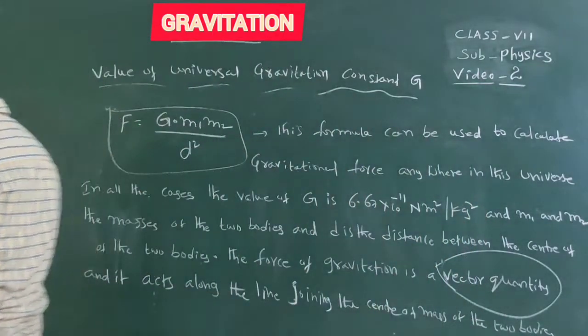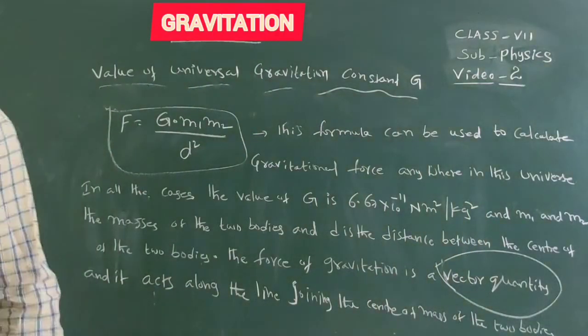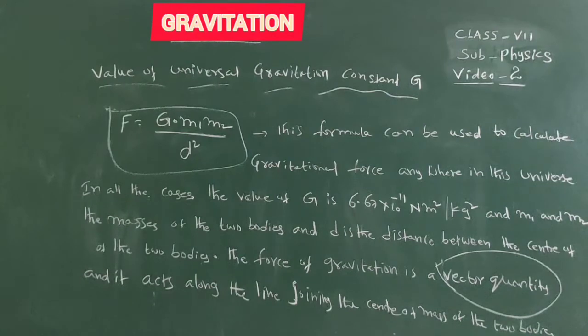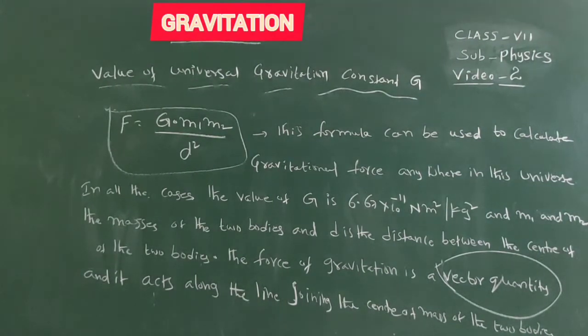These are the values of the universal gravitation constant.